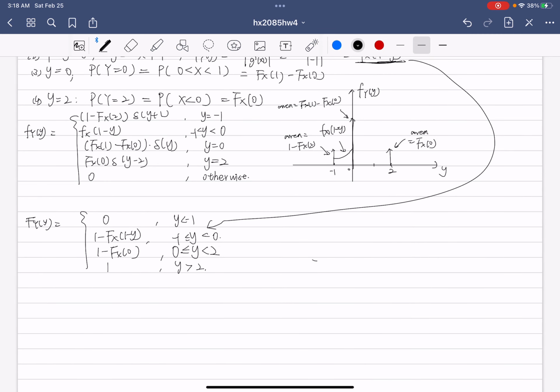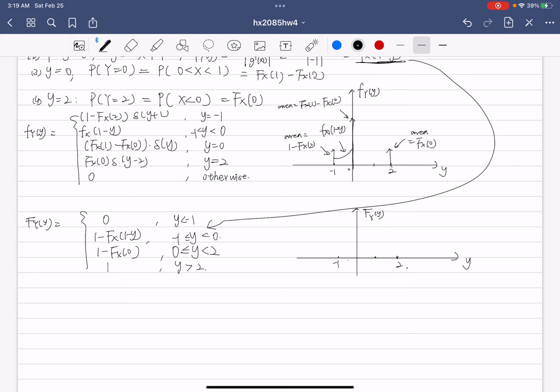We can draw it now. And this is the CDF of y. -1, 1, 2. Here is 2.